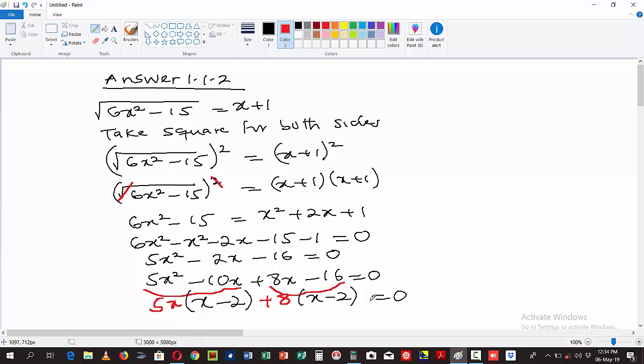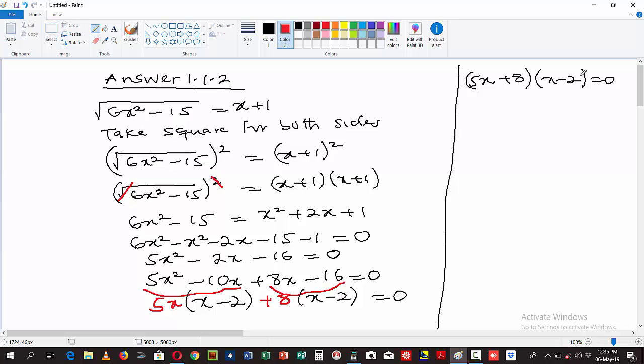Now, if you check what we have inside the bracket, they are the same thing. We are going to take only one and take what we have outside the bracket again. So we have 5x plus 8 into x minus 2 equal to 0.